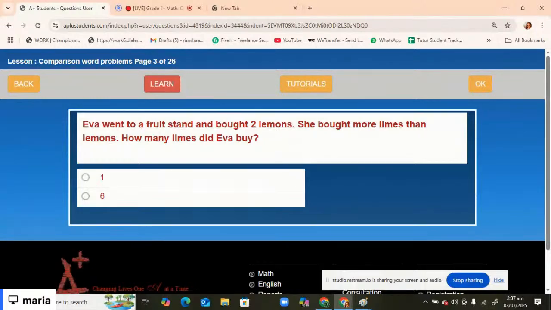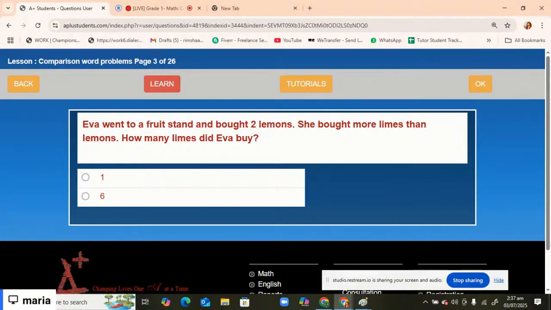Eva went to a fruit stand and bought 2 lemons. She bought more limes than lemons. What is the amount of lemons? These are two.